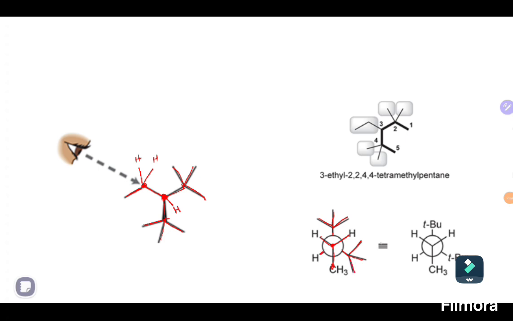They show the equivalency. Chemists love to abbreviate, love to make things easier to write. You'll often see the abbreviation t-Bu to stand for the tert-butyl group. Sometimes you'll even see Me for methyl instead of CH3.